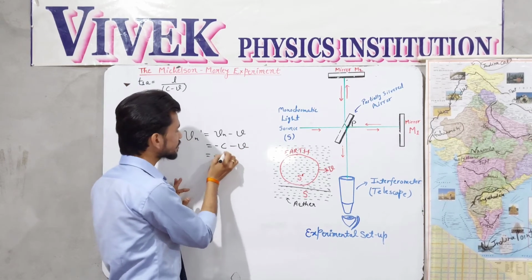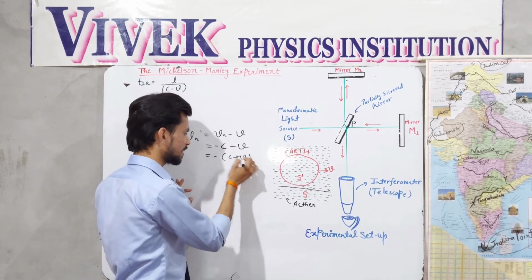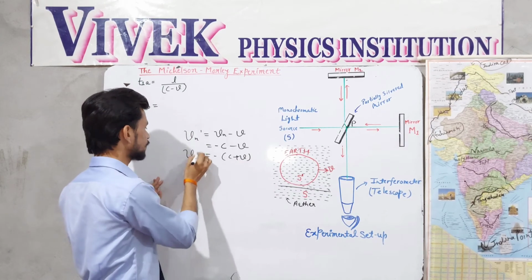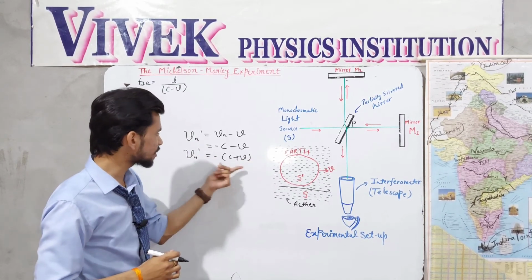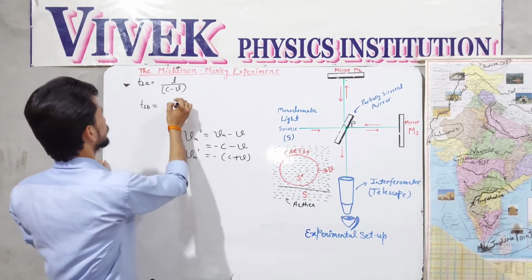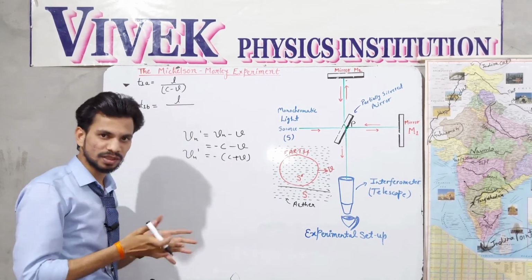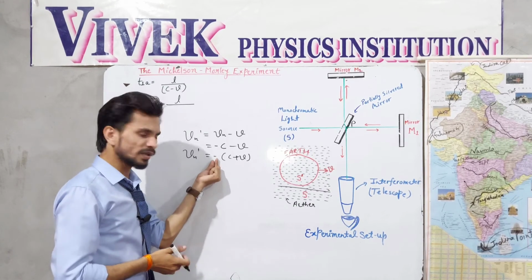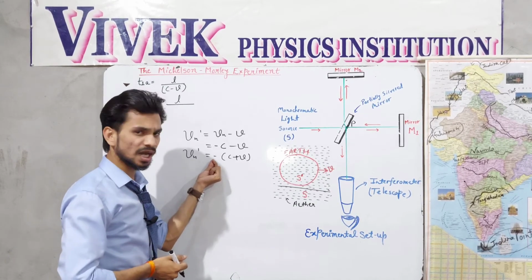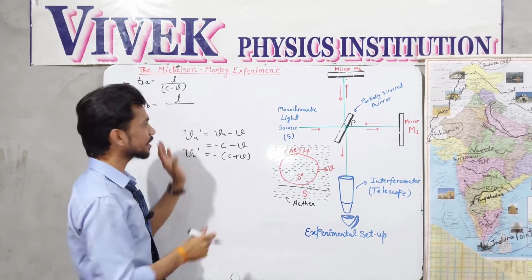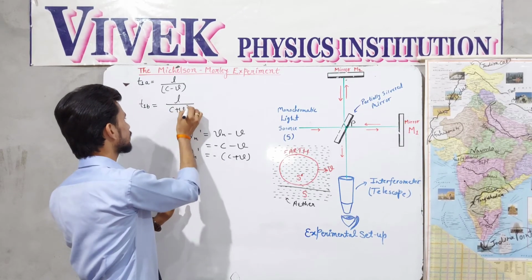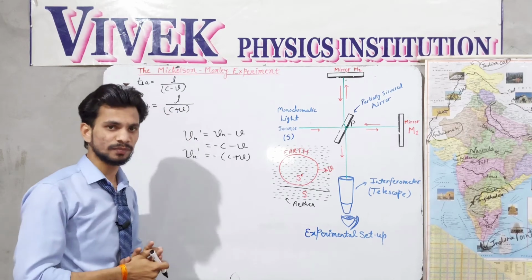Minus can be taken as common. This is again c plus v, Vx dash. As this is the velocity minus (c plus v), I can put this velocity value in the equation. This is L over the velocity. Here I will take the magnitude of the velocity, not the negative sign, because time cannot be negative. So this will be only c plus v. I have neglected the negative sign.